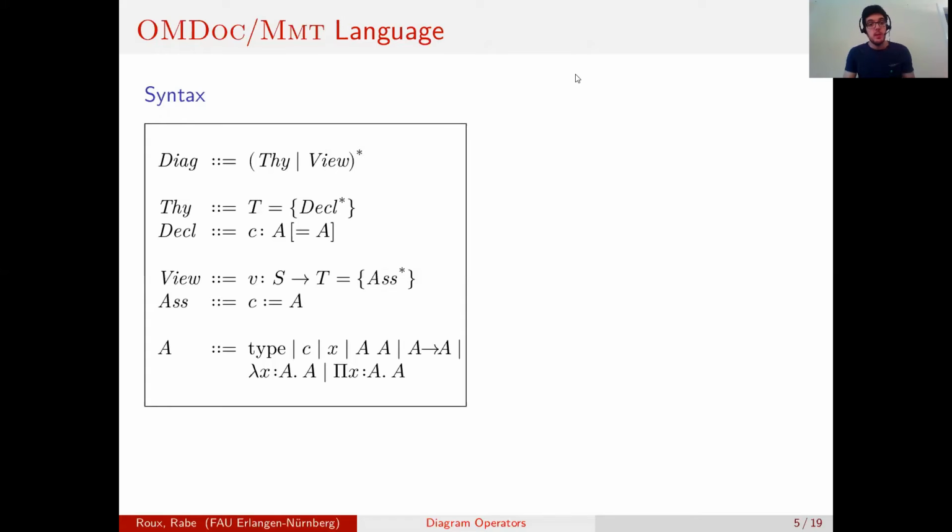So we can encode a pretty wide range of things, like theorems, proofs, inference rules, judgments, definitions, and so on. And then we have views, also named, as lists of assignments relating two theories in the hopefully well-known sense.